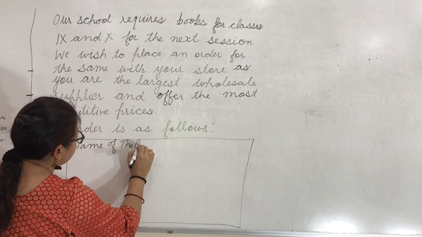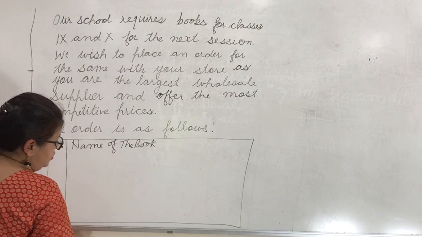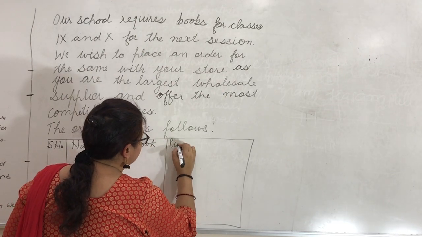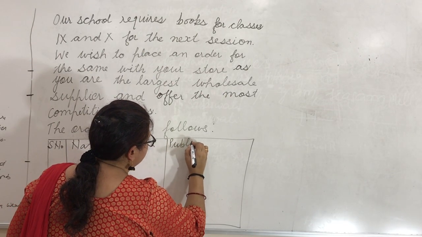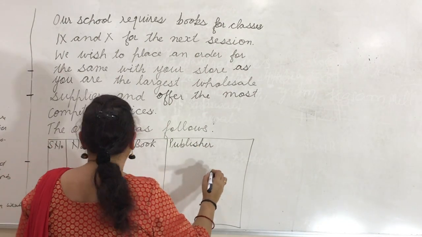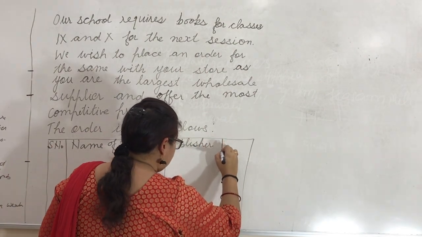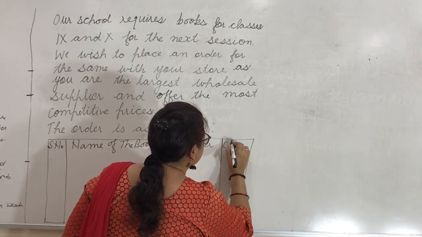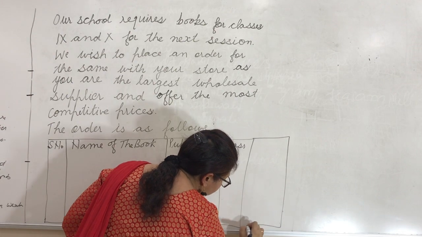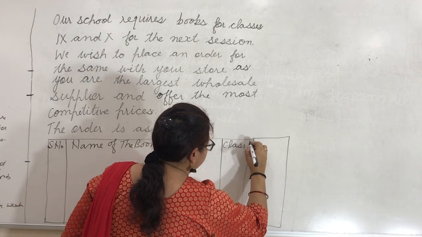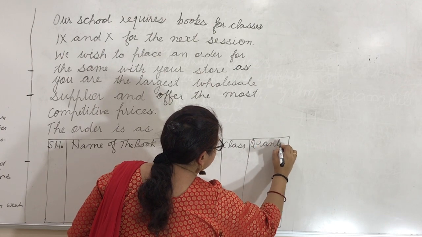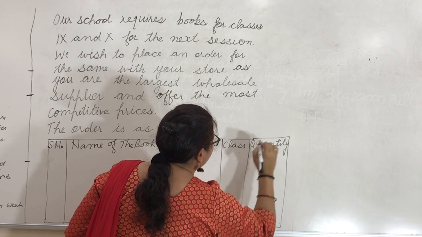Then publisher. Then class. And then quantity.